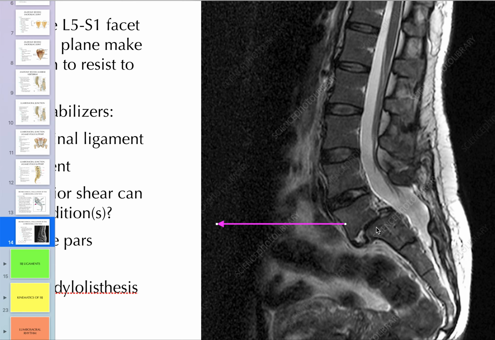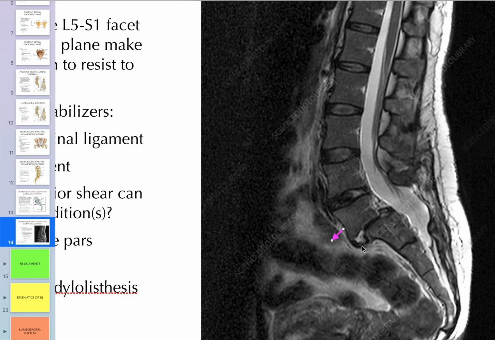But if you take a look at the sacral base right here and L5, you will notice this little space right here in between L5 and S1, right? This very little space right here that's not covered. This space is essentially the slippage of L5 and S1.